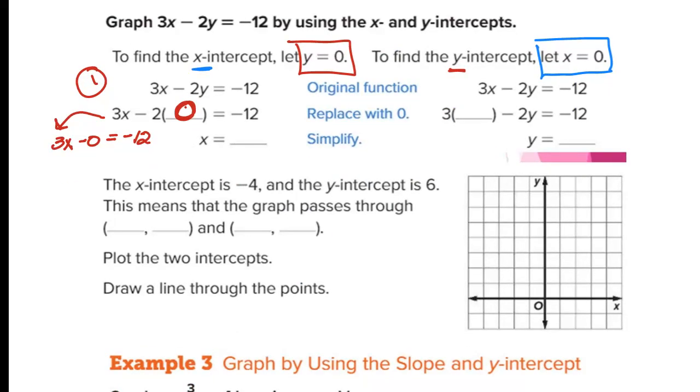So essentially, this is gone. And if I want to solve, I need to divide by 3, divide the other side by 3. 3's simplify out, and I get x is equal to negative 4. And remember, that is your x-intercept.